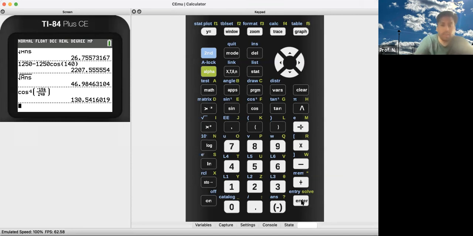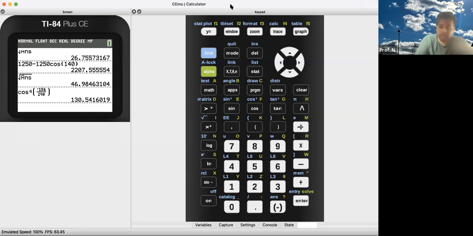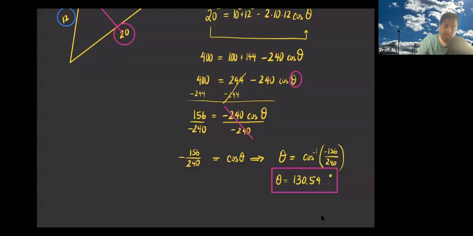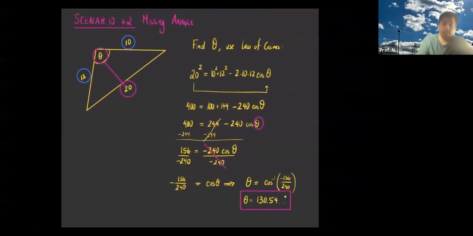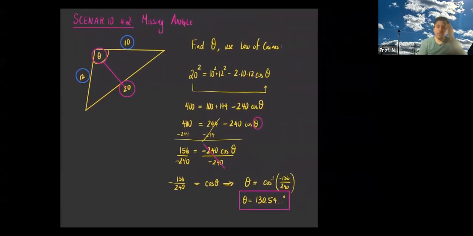You guys know how to do that. But the idea is knowing how to get to that last step. If you're able to do that, then you're in good shape. Okay? So again, this is the scenario when you have a missing angle instead of a missing side. You set up the law of cosines equation, and then you solve for theta.